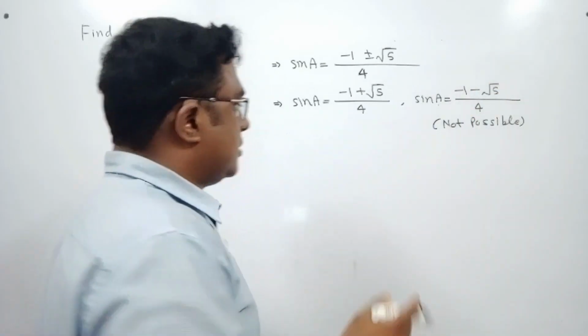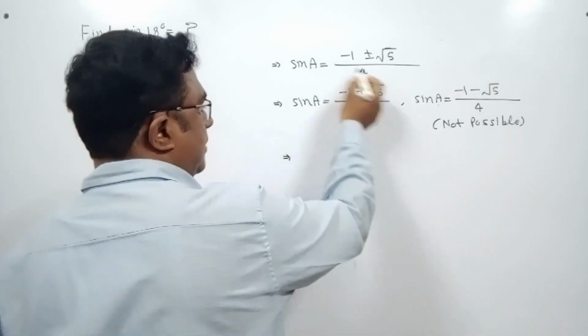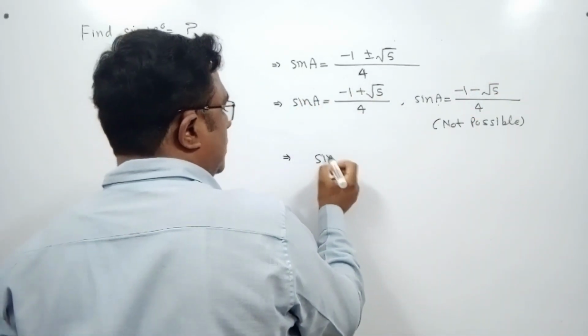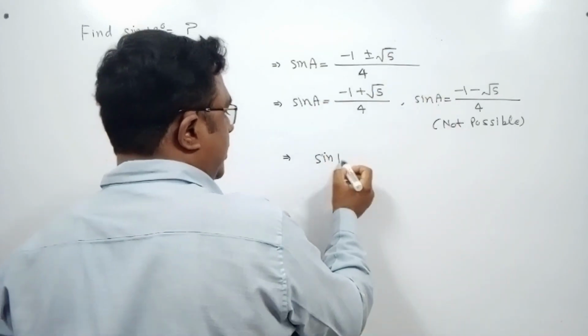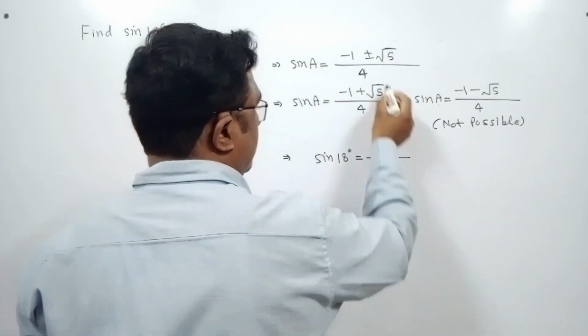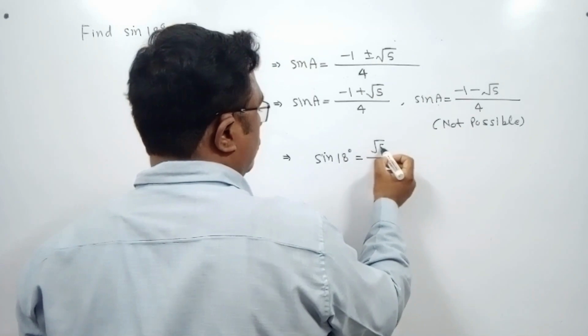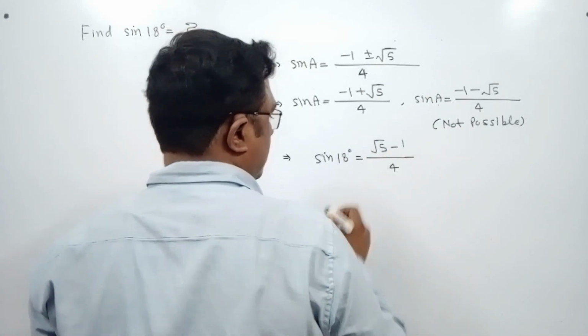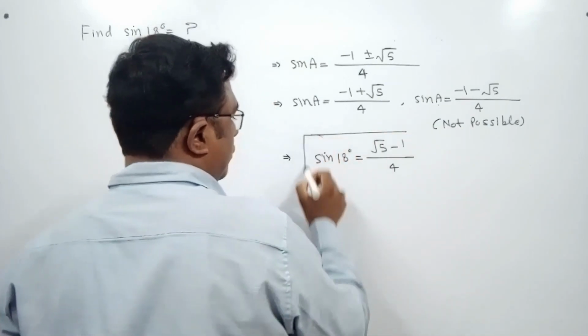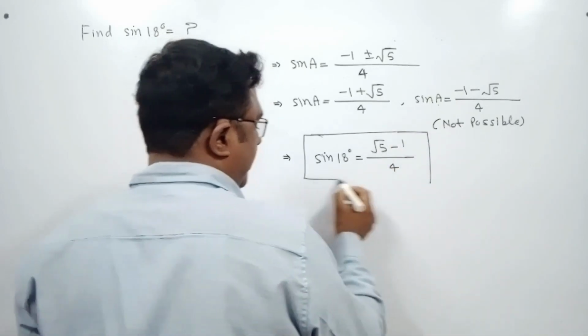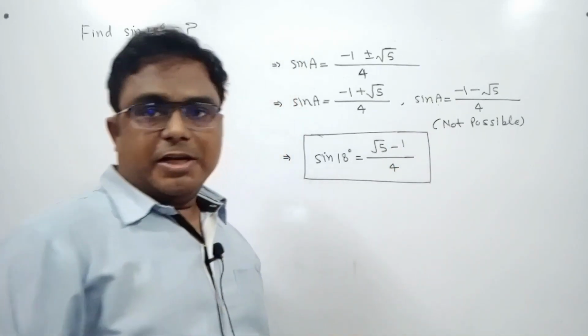That's why we will reject this answer and accept only this one. Here A means 18 degree, and if I write it properly, root 5 minus 1 upon 4. So this is the value of sine 18 degree which we have obtained by using various identities.